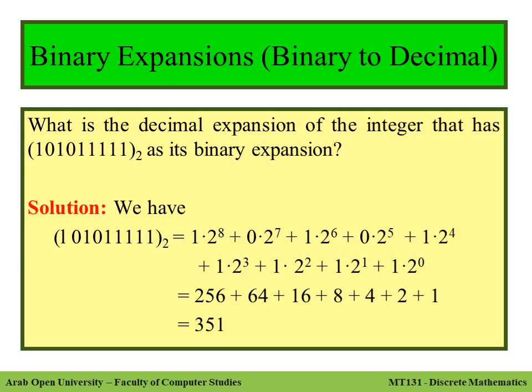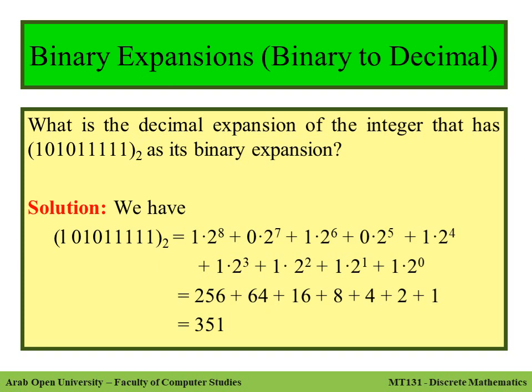It's multiplied by 2 to the 8. The next digit, 0, is multiplied by 2 to the 7. The third digit is multiplied by the power 6. So you keep doing this. By the time you reach the farthest digit to the right, 1, is multiplied by the power 0. That's how you can do it.